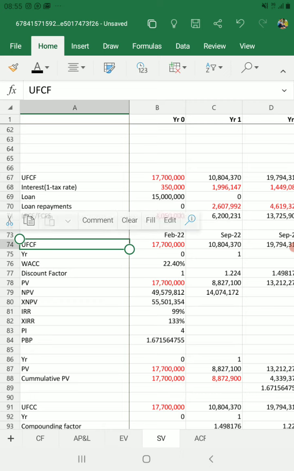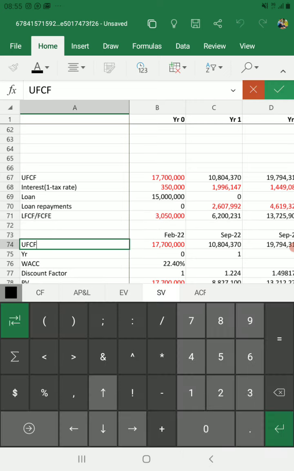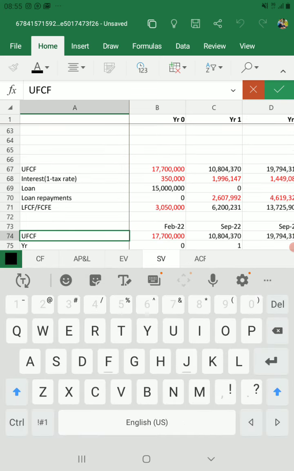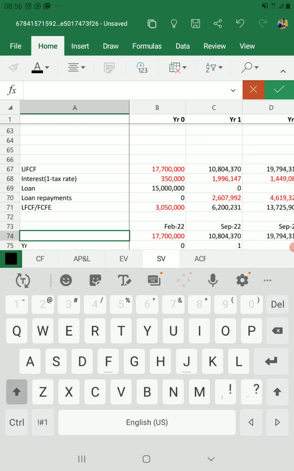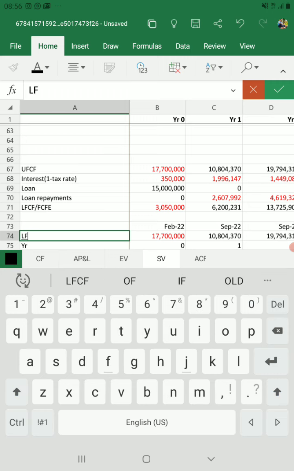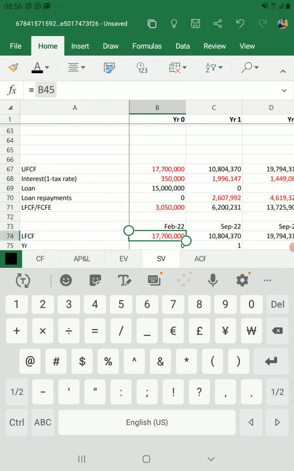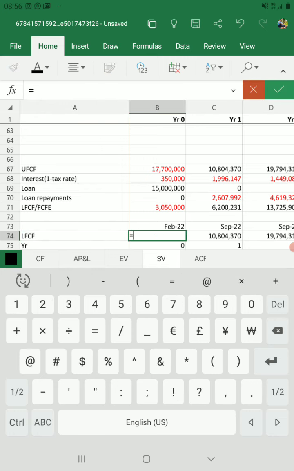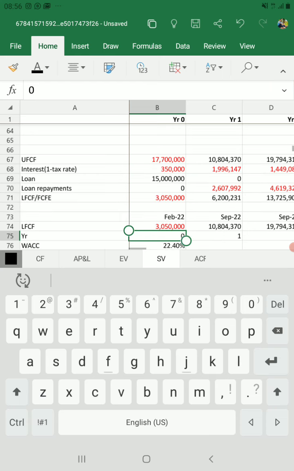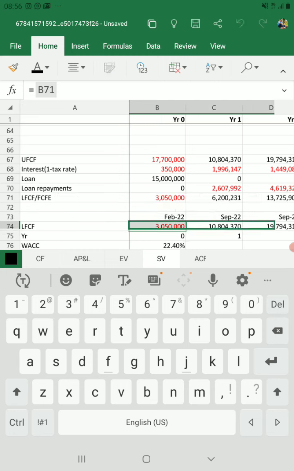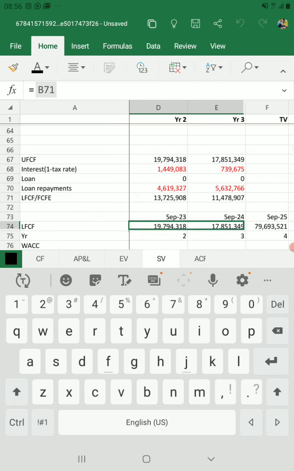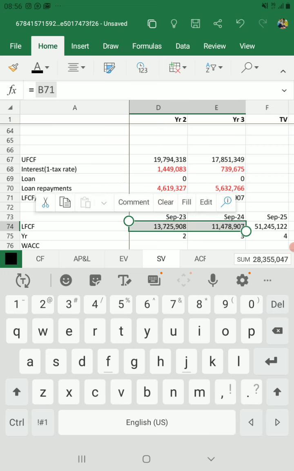So let me edit this to levered free cash flow. So that means I now pick this figure here, press enter, and then fill this to the end of the third year.